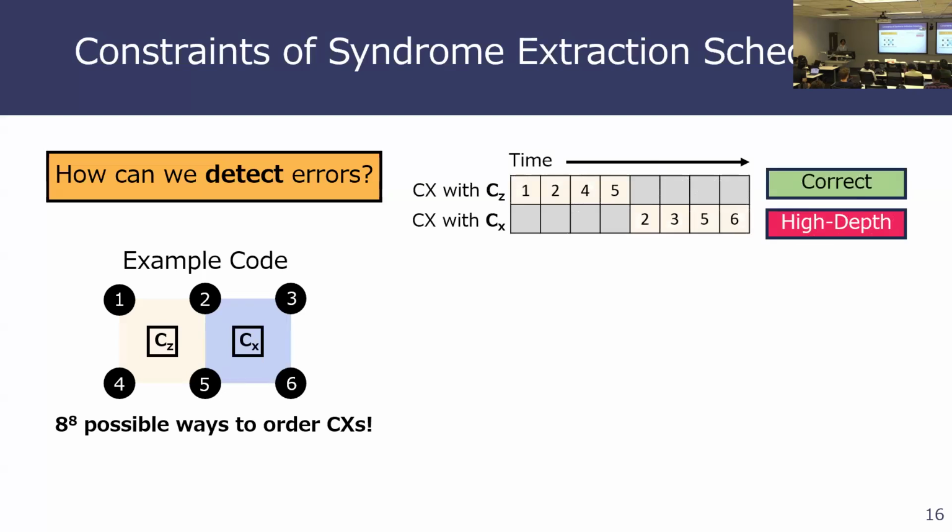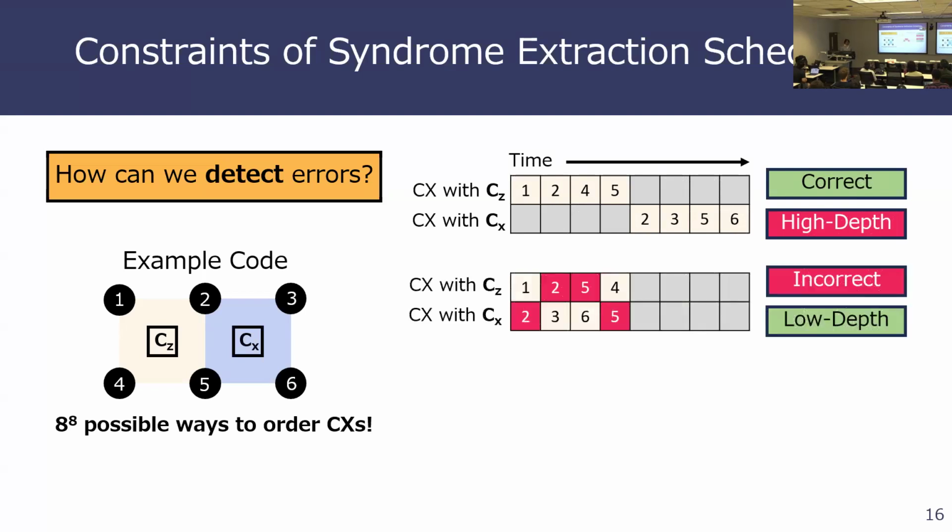But ideally, I want two things. I want my CNOT circuit to be correct, and I want it to be low depth. In this example I've given here, it's a very simple one. I'm going to do all the CNOTs for my Z check qubit first, and then do all the CNOTs for my X check qubit next. This is functionally correct, but the issue is that this is a high depth circuit. So let's try to reduce the depth a little bit.